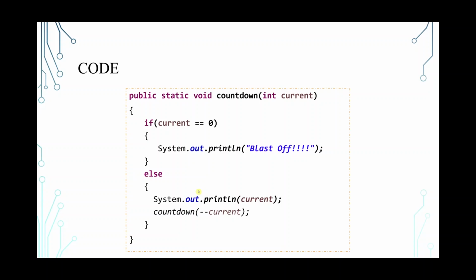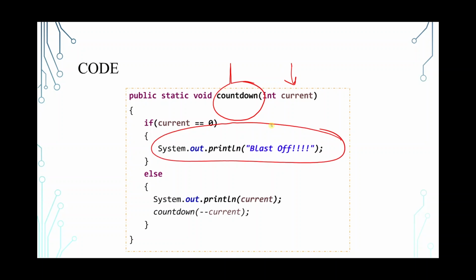We're going to design a function that counts down. We give it a number, so let's say we give it a 3. It counts down from 3, 2, 1, then does something after that. Let's say it says go or blast off or something like that.